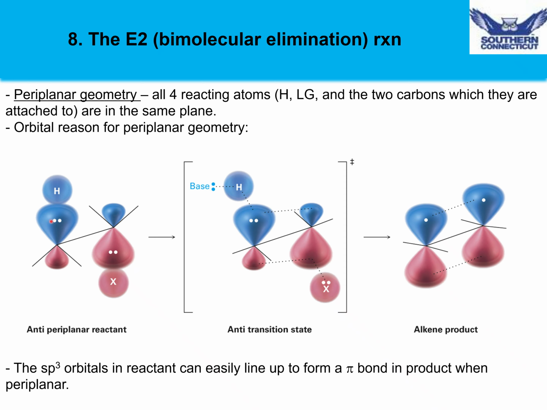That sp3 orbital and this sp3 orbital are lined up when we have a periplanar geometry, so that once we eliminate the hydrogen and the leaving group, they can easily rehybridize from being sp3 in this reactant to being p orbitals that make up the double bond of the alkene product that we obtain.